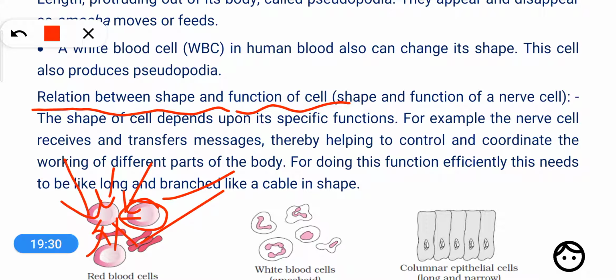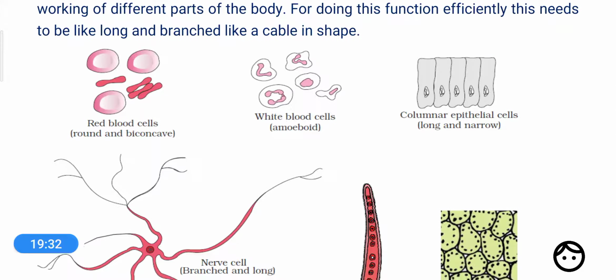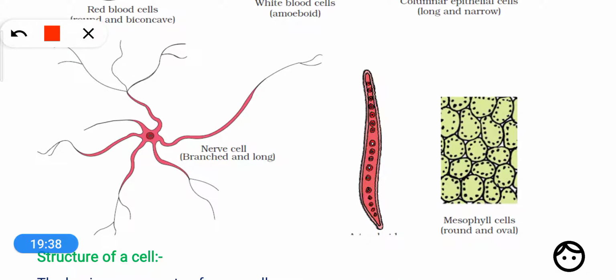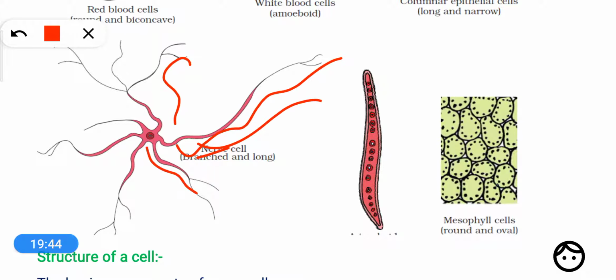Another example of the relation between the function and shape of the cell is the nerve cell. Nerve cells have long fiber-like shapes, just like cables. Why are they fiber-like, cable-like, thread-like cells?